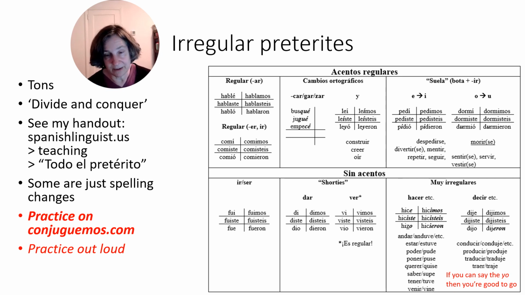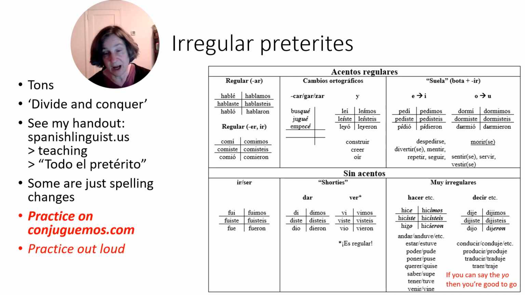Dar and ver are very short, and then there's a big category here of irregulars that have a major change, like hacer goes to hice, andar goes to anduve, estar goes to estuve, etc. So what I recommend for these is, first of all, you memorize hice, hiciste, hizo, hicimos, hicistes, hicieron, because those are the endings, and the rhythm, the not hunting horn, just a regular rhythm that you'll have for this whole category. And then you memorize the yo forms for each.